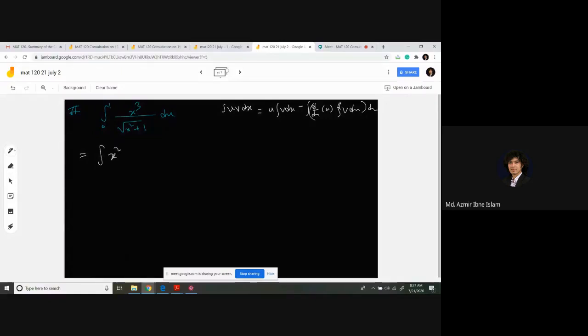Suppose I am taking x squared times x over root of x squared plus 1. That might work. First of all, consider this one as u and this one as v.